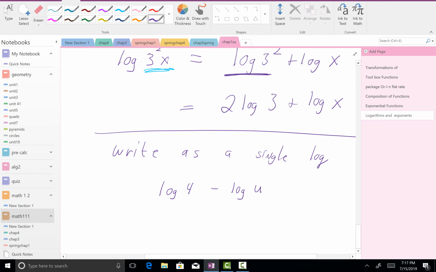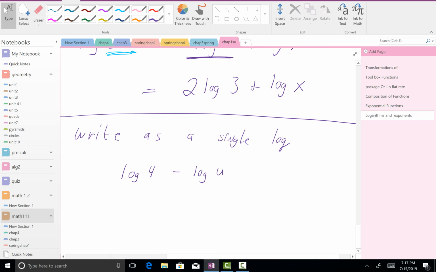Now we're going the other direction, so we have to figure out which property this is. When I have a minus, what are we going to do with the 4 and the u? 4 over u. Yeah, it'd be 4 over u. When we have a minus, it's division. When we have division, it's a minus. That's all we got to do. You can't do anything more. You're just writing it as a single logarithm.